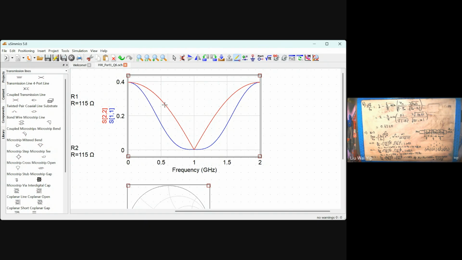The red one here represents the reflection coefficient for a single section quarter wave transformer. The blue curve here represents the reflection coefficient for the three-section quarter wave transformer. And you can see that the bandwidth for the multi-section transformer is much better, much wider.